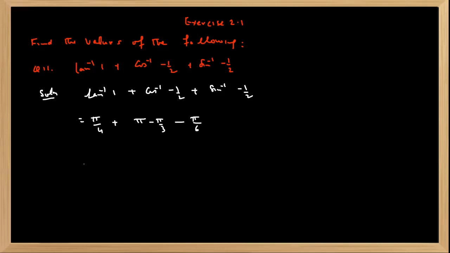Now you can take 12 as LCM. 12/4 is 3 pi, 12/3 is 4 pi, and 12/6 is 2, so 2 pi. 15 minus 6, 9 pi by 12. 3 3s are 9, 3 pi, 3 4s are 12. So this value is 3 pi by 4.